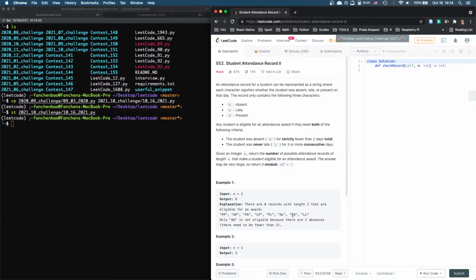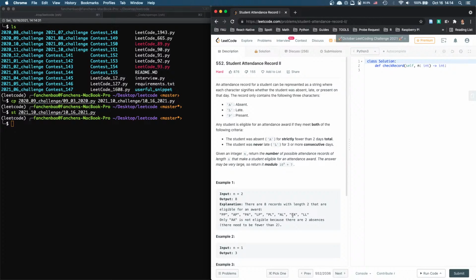Hold on. Let me think. What's the good strategy for this? How about recursion or DP?